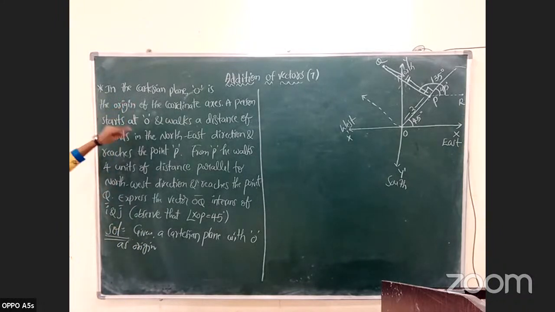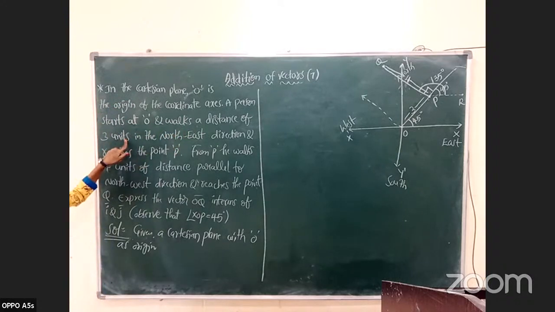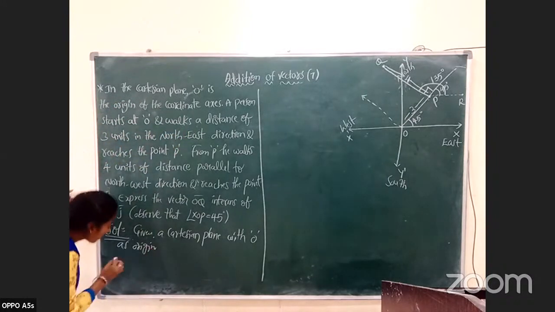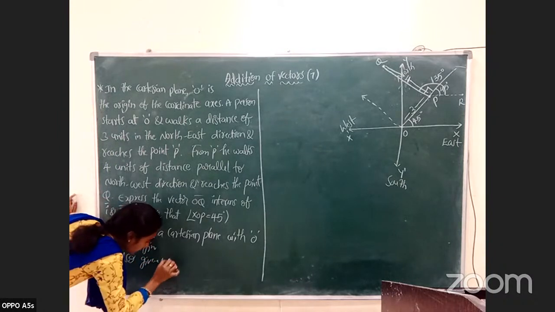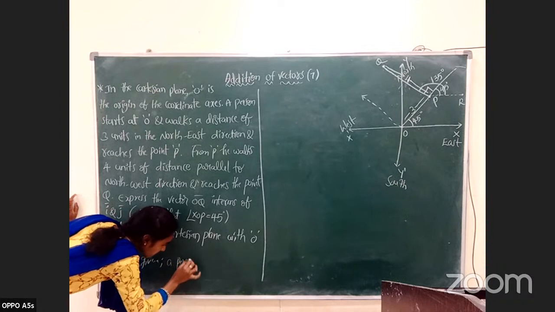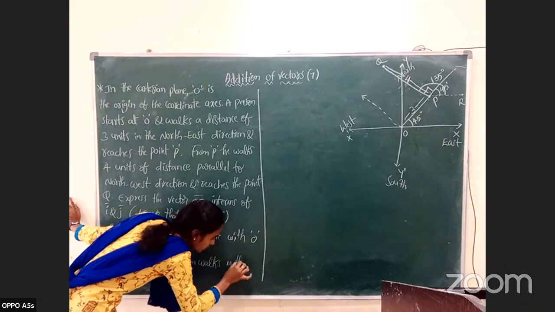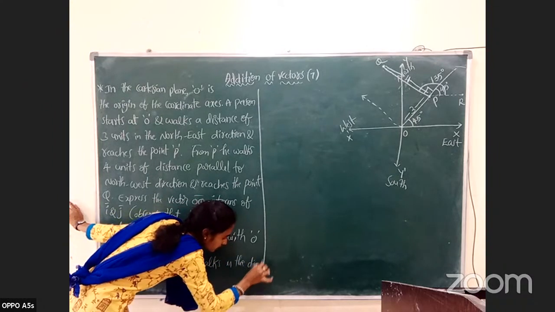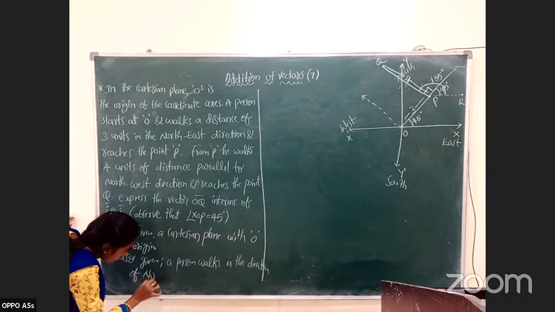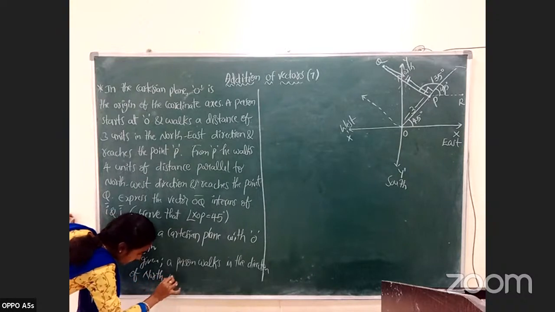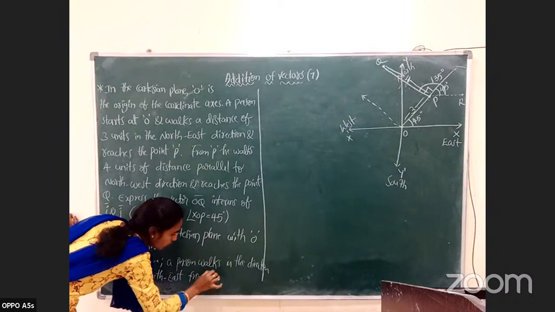And also given a person starts at O, walks a distance of 3 units, which means they give the distance OP. Also given, the person walks in the direction of north to east from O.